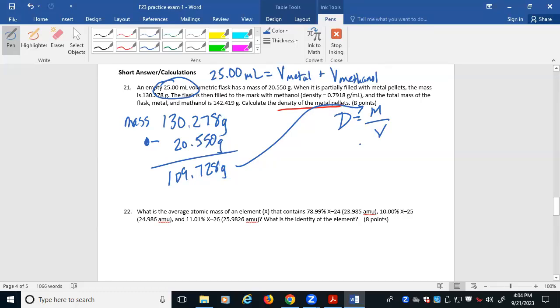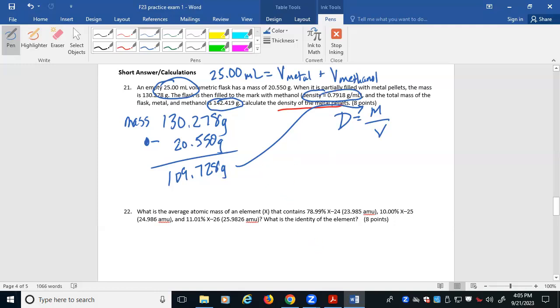Now, I don't know the volume of the metal, but I can figure out the volume of the methanol. But again, it's going to come to us indirectly, because all I have is a mass value and a density value.